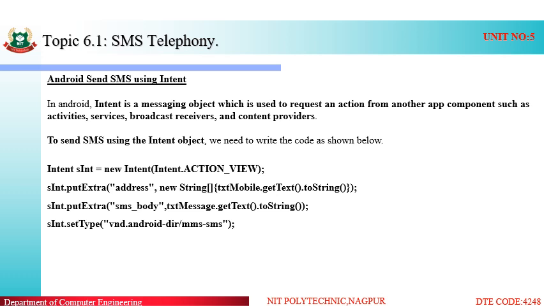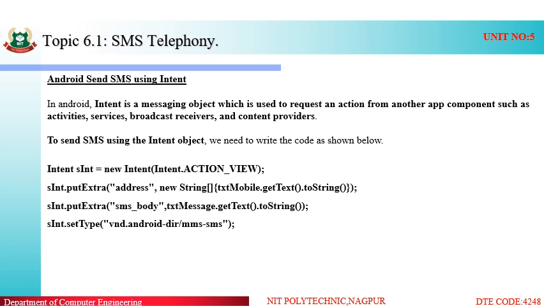Because the putExtra method supports only string type data, next we have used the same method and included the SMS body into it, and then we have set the type. In the setType method we have to specify the Android directory along with the type of message we are sending, whether it is a simple text message, that is SMS, or a multimedia message, or MMS.